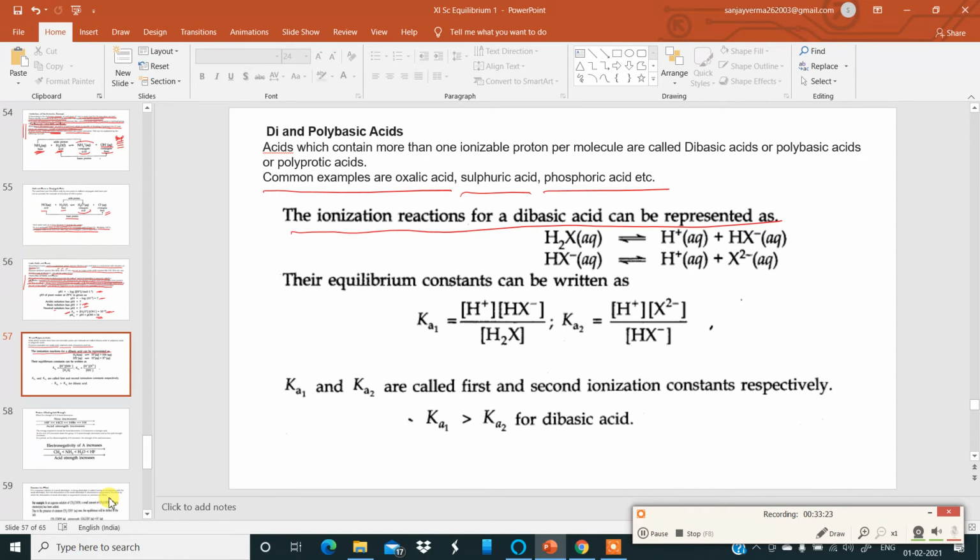It ionizes in two steps: H2X gives one H plus and HX minus. Again, in the second step, this HX minus dissociates another H plus and X2 minus. So the equilibrium constant can be written in two steps, one step over here, another step over here. The final equilibrium constant is obtained by multiplying Ka1 and Ka2 for the dibasic acid.